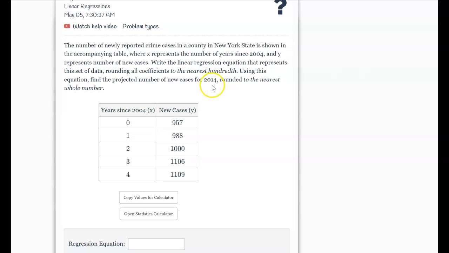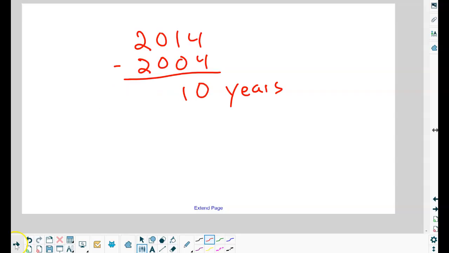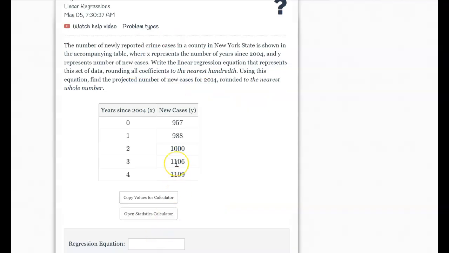We're going to take 2014 and subtract 2004 from it, and that's 10 years. Don't forget that number, 10 years. That's the X. We want to know what the output would be when we put in 10 years.